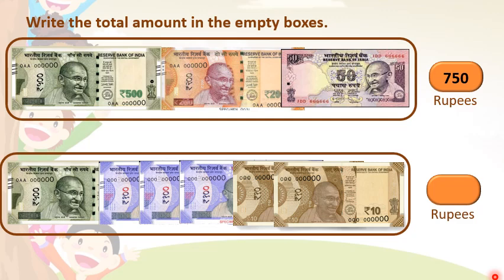Okay, we will verify the answer. Here this is 500 rupees note, 100, 100, 100. This is 10 and this is 10. Okay, 500, 600, 700, 800, 810, 820. You got the same answer? Nice.